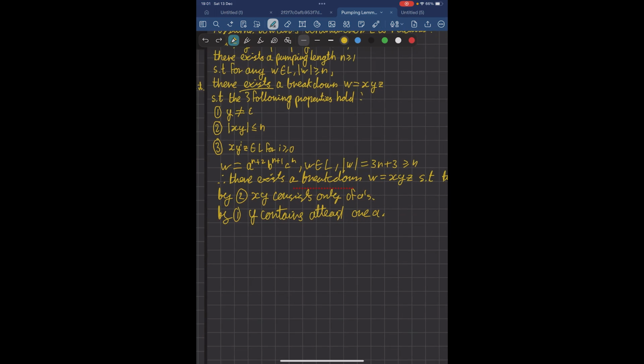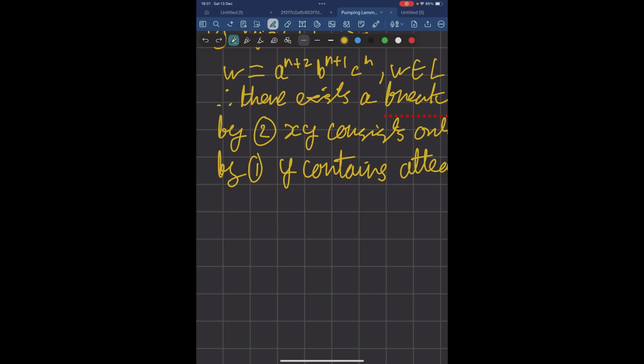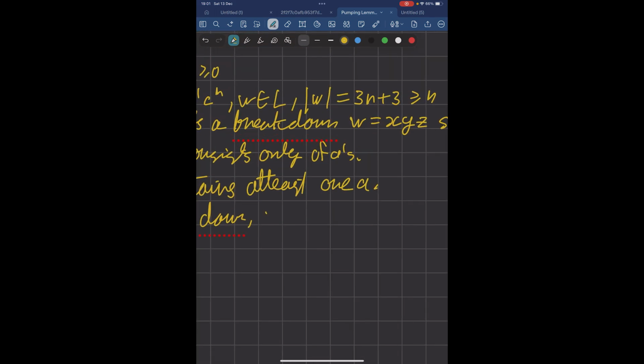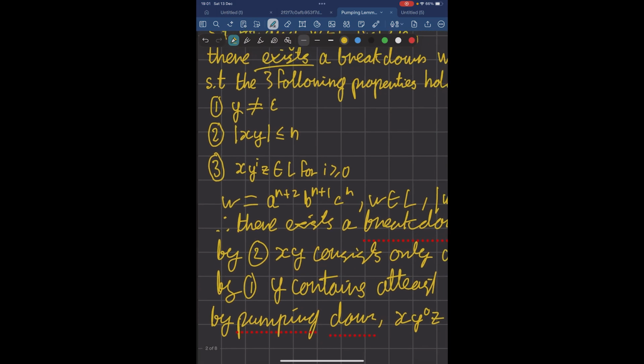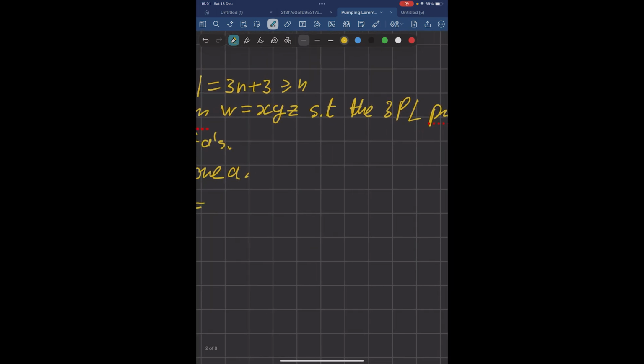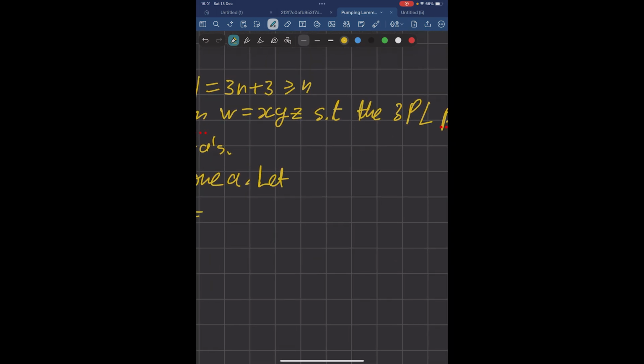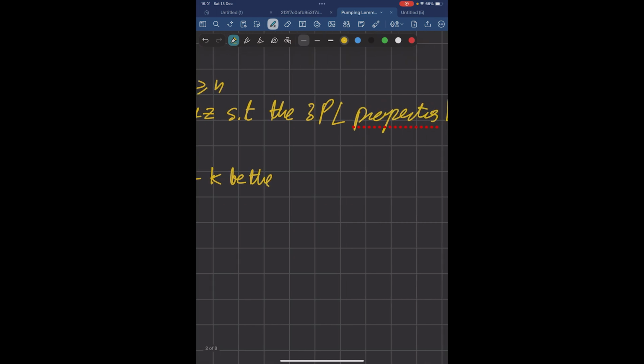So let's do that. So by pumping down, xy^0z would... so first let's define the amount of a's in y. So let k be the number of a's in y.